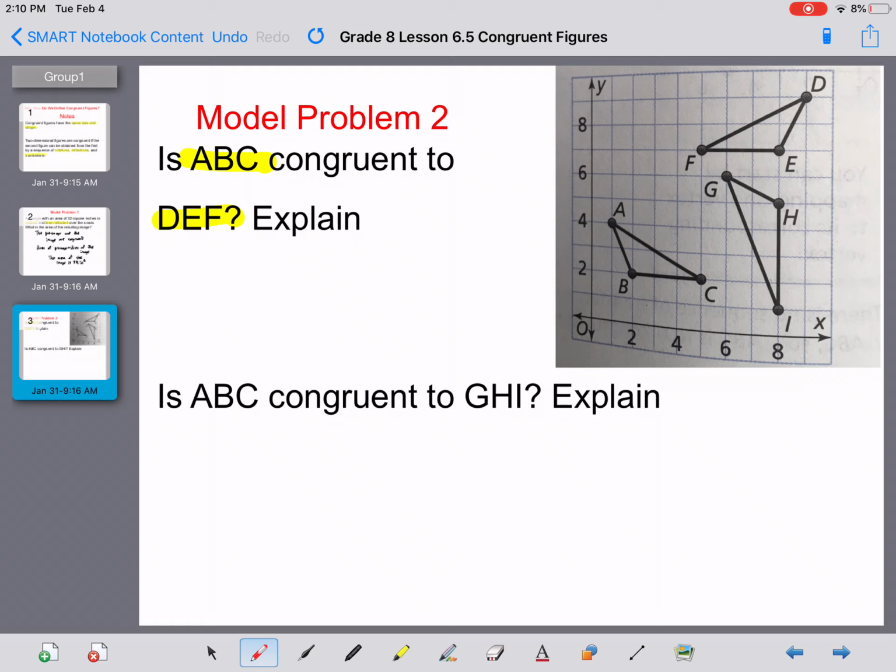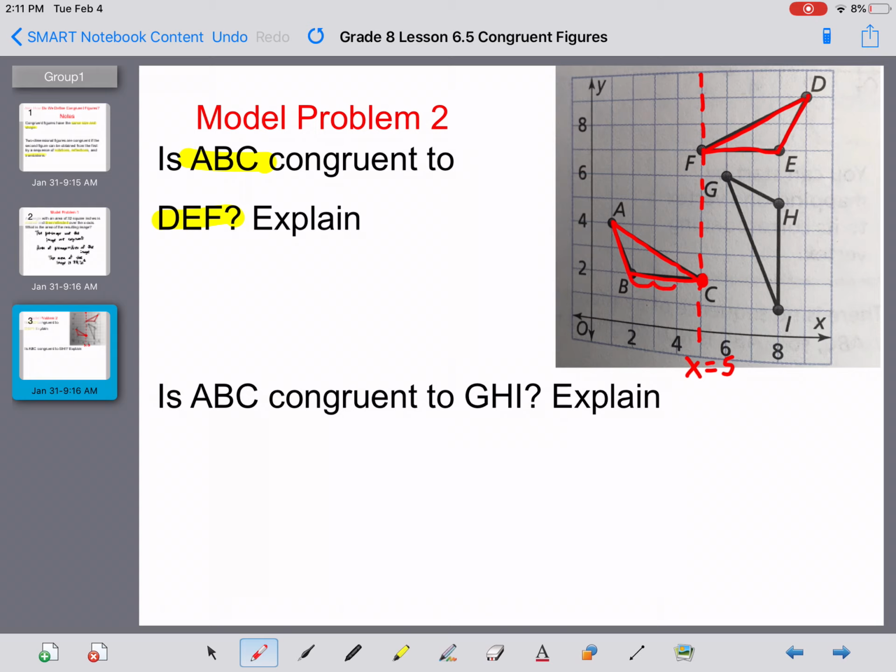So I have to see if I can get from ABC to image DEF. The first thing that I notice is that I have to have my image face the opposite direction. I can reflect my image along this line here, which is x equals 5. If I reflect that image, this point would stay.